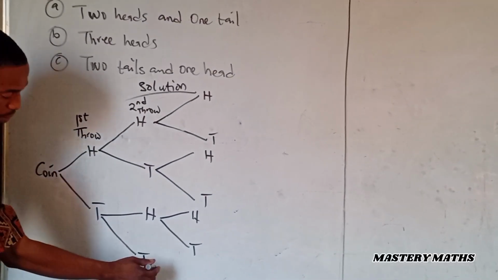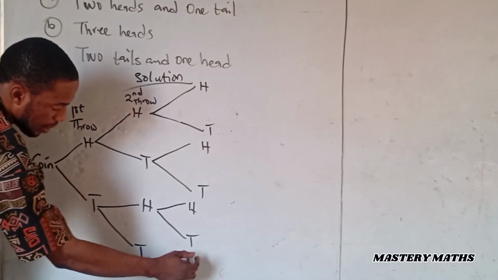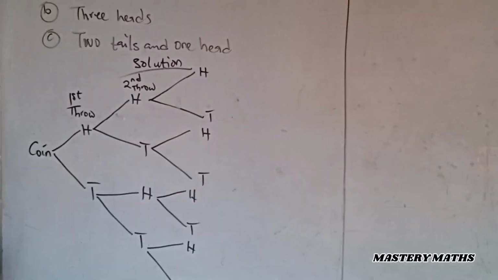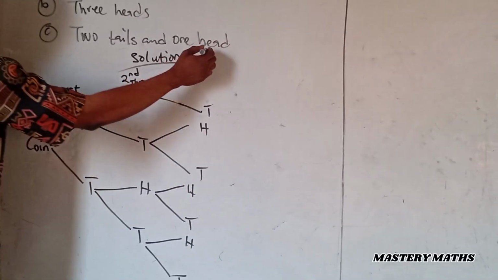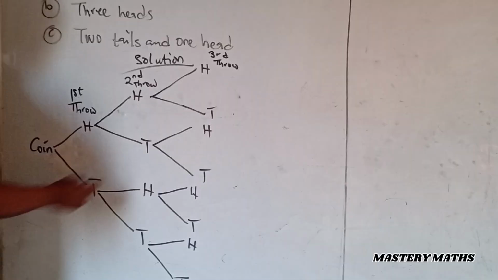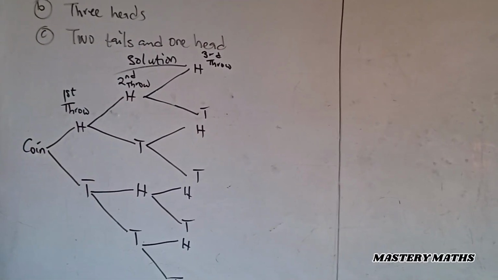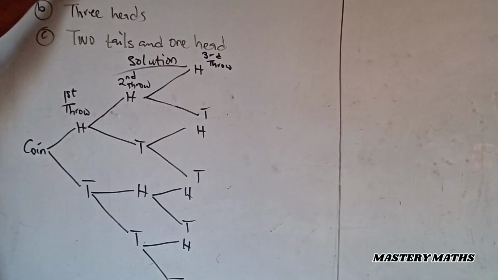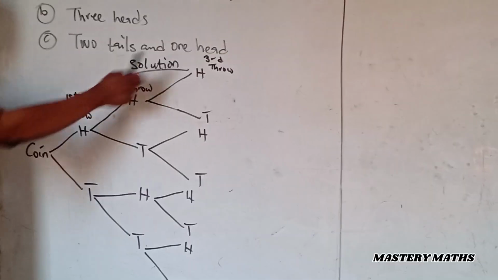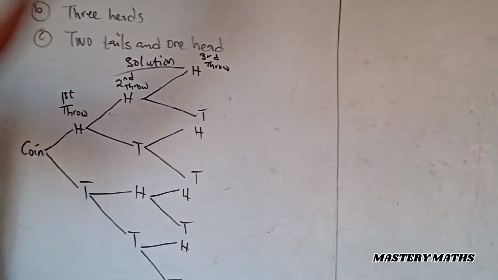The tail part will produce a head and a tail. You see it now? We call this the third row. These are the 3 coins, 1, 2, 3, thrown together.